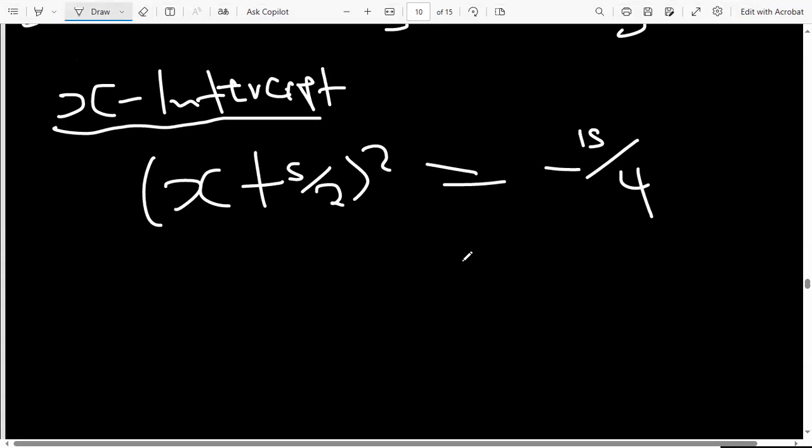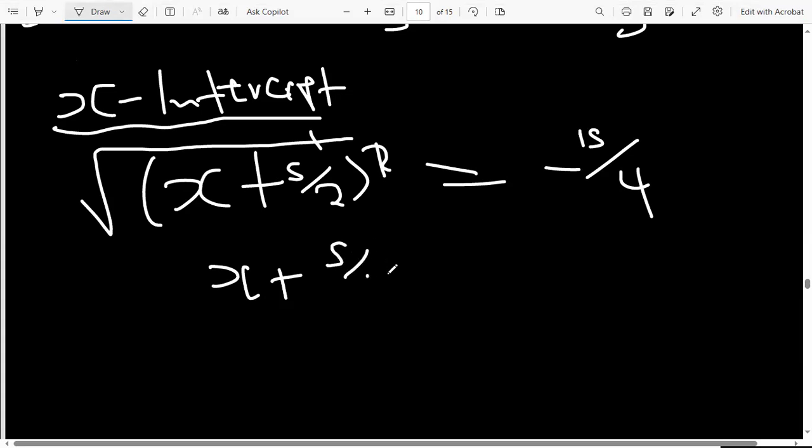So we see now that if I try to square root here, for this square to go, I'll remain with x plus 5 over 2. But on the right-hand side I'm going to say not equal to, because you can't find the square root of a negative number. That would be a complex number, but here we're not dealing with complex numbers.